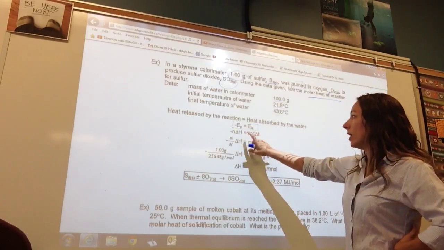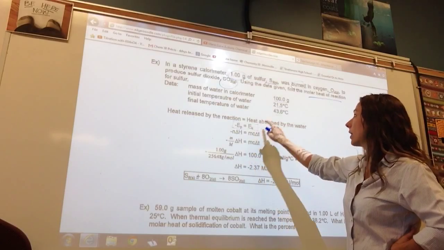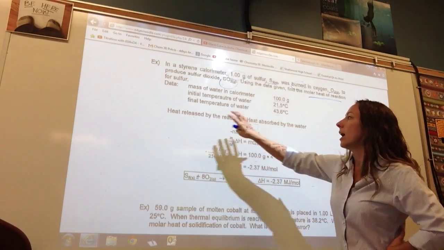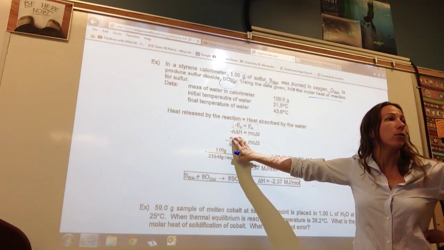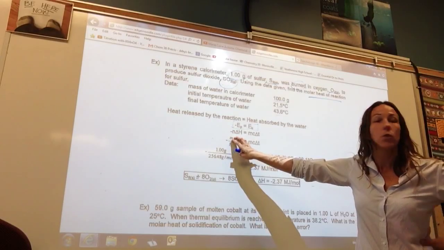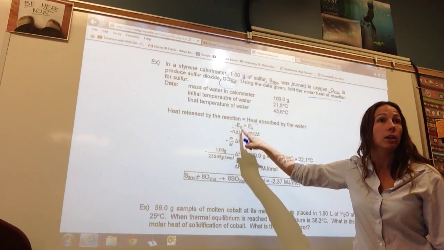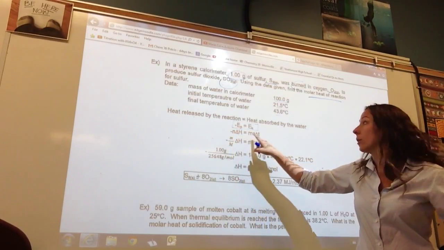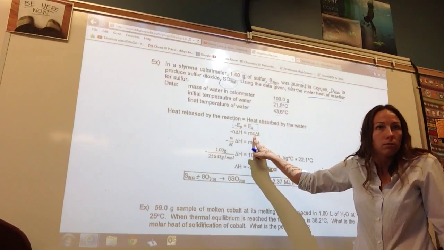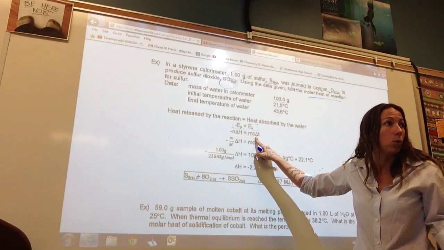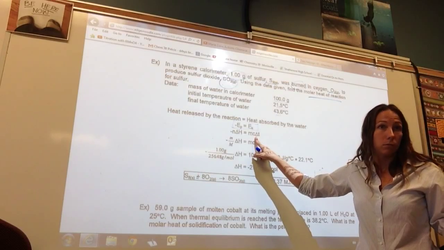So, mc delta T for the heat of the water, and n delta H for the heat of the reaction. Okay? So this is saying the sulfur is burning, all that energy is going to go into the water. And that energy is going to equal each other. Okay?